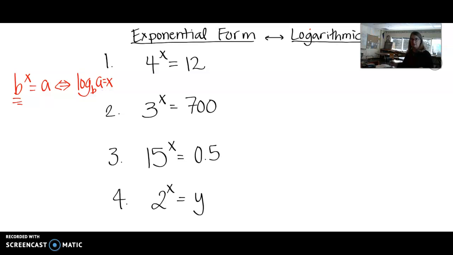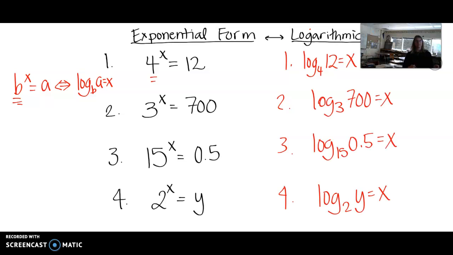Remember that the part it's equal to is always the exponent. For this first one, I'm going to write log. The base is 4, so you put a 4 here, and then 12 goes here because it has to equal the exponent, which is x. So go ahead and do 2, 3, and 4, and then check your answers.